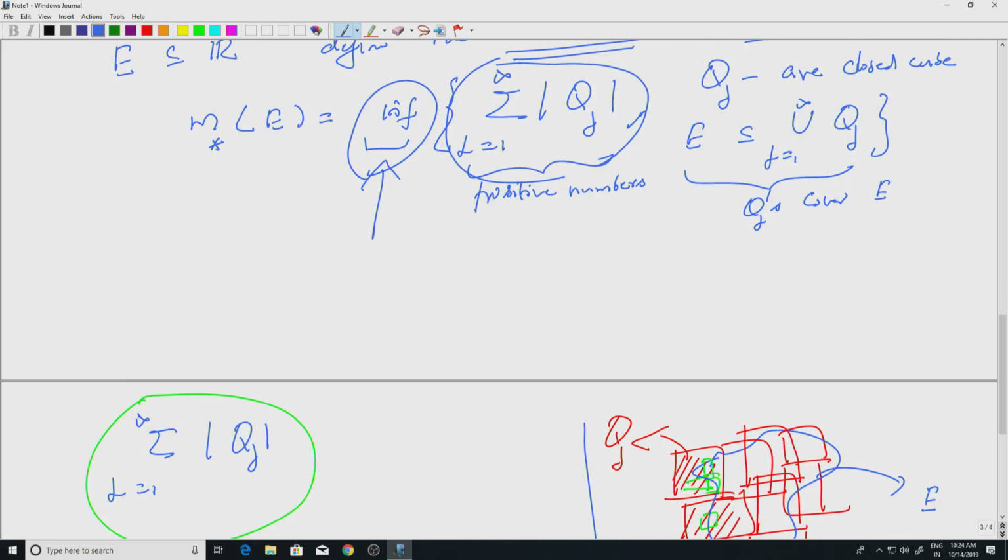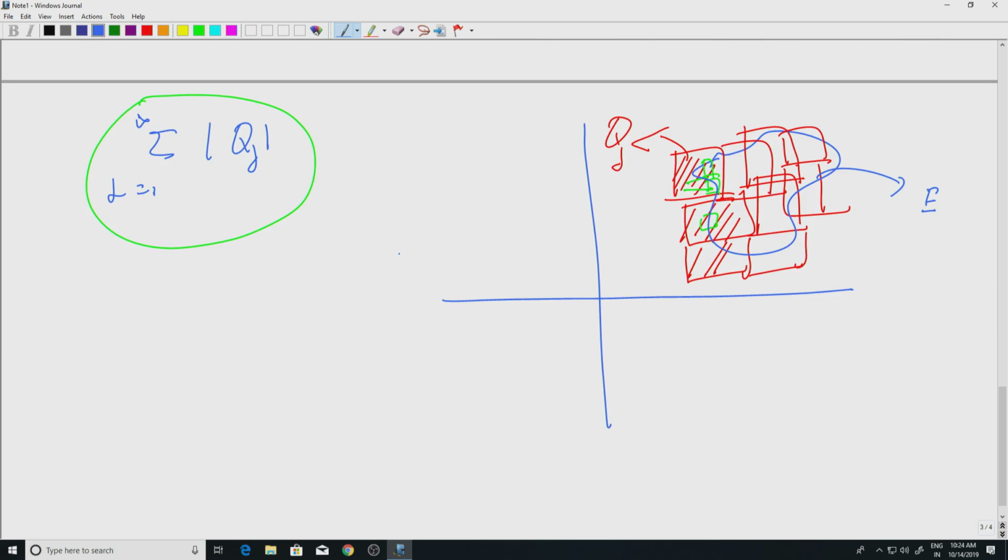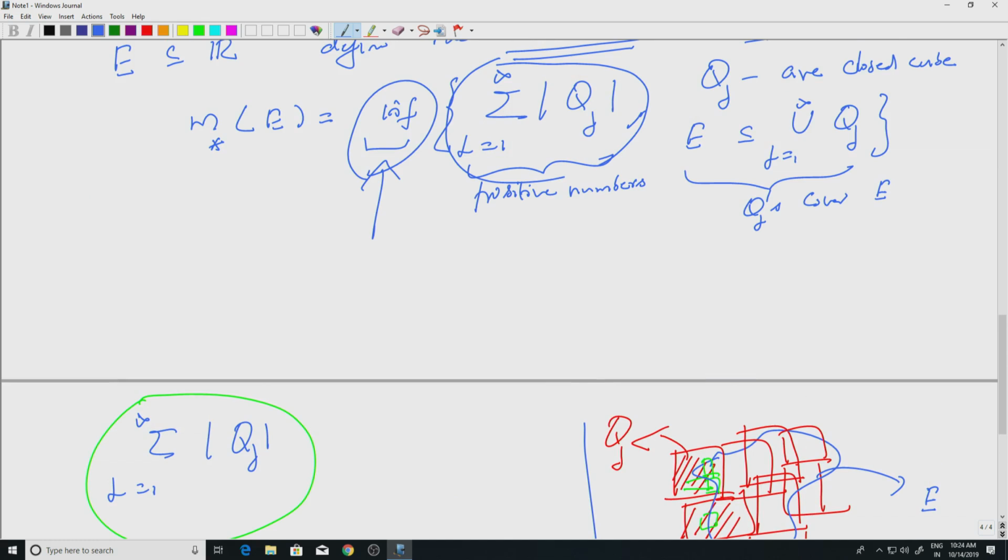If you look at the picture, it will be clear that we are trying to approximate the area of E by cubes, and we are hoping that this quantity which we have defined, m star of E, will give us the area or volume or length, depending on which dimension you are in, if the set E is nice enough.